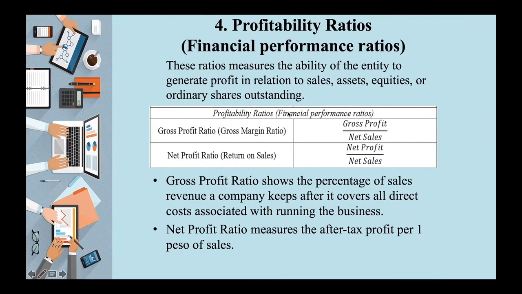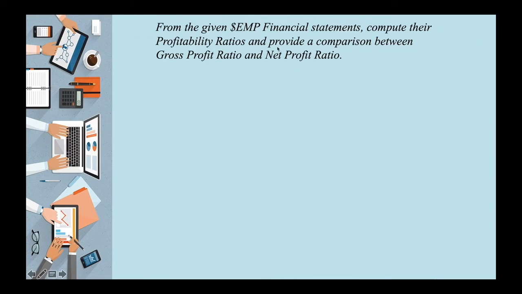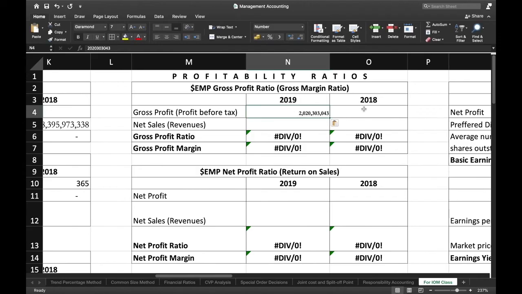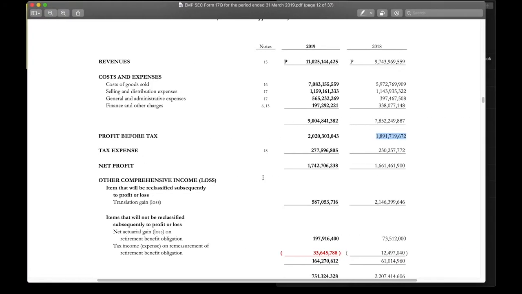And what else are we asked to solve? Okay, let's include 2018 as well. And the net sales or the revenues. What is our net sales? The net sales or the revenue is this one. The net profit, no? 11, net sales, revenues, this one, it's bigger. That is net profit, not net sales.